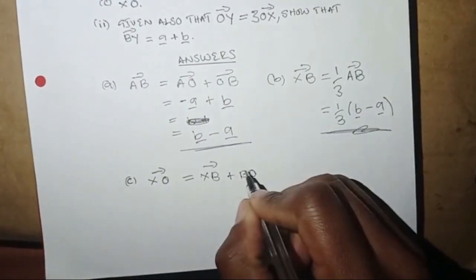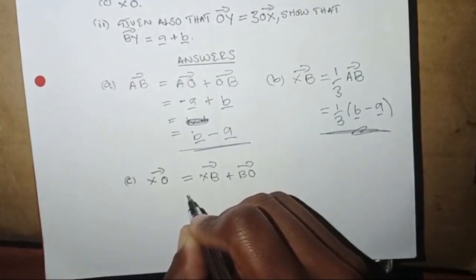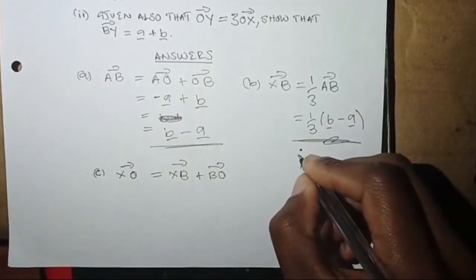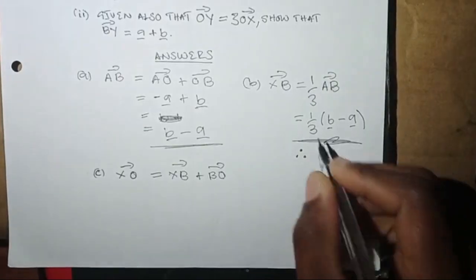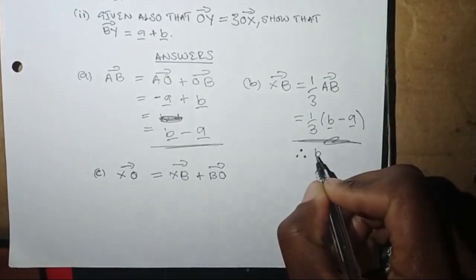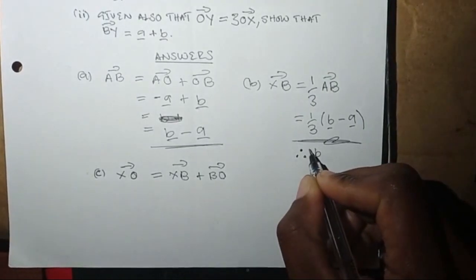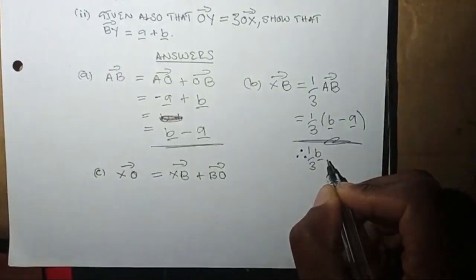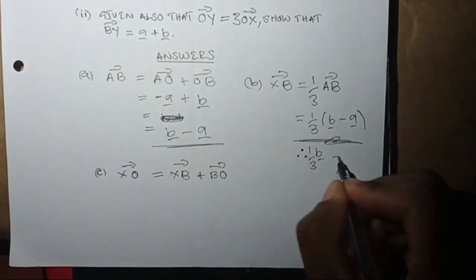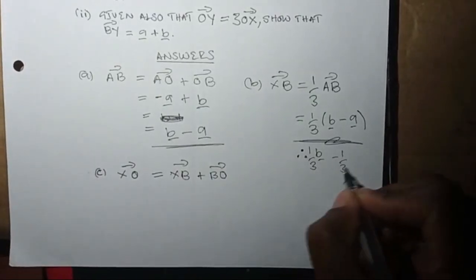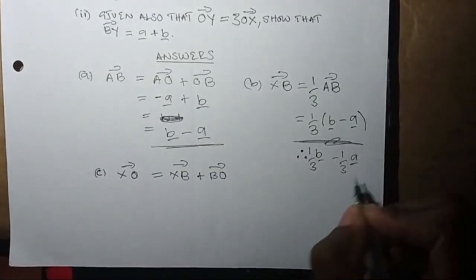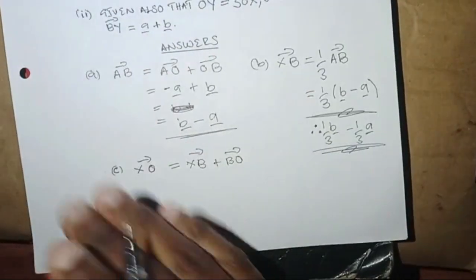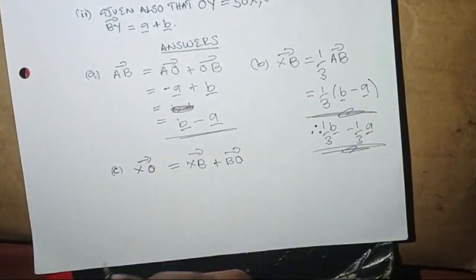By the way, if you want to further simplify that, we can say therefore, just to simplify things, it's going to be 1 over 3 B minus 1 over 3 A. You can do that. It's the exact same thing. I just wanted to point that out.